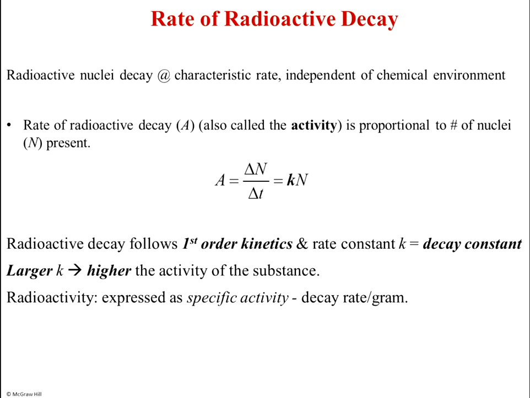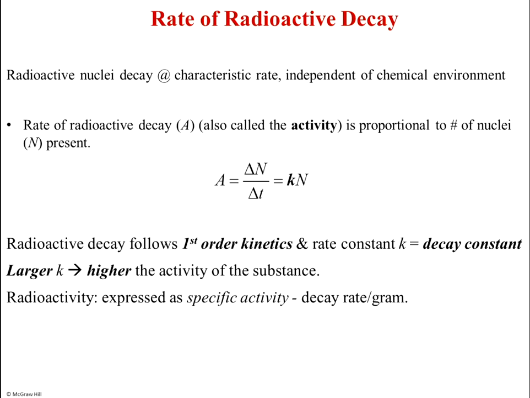The radioactive decay rate A is delta N over delta T, and it's equal to k times N, the number of nuclei that are present. That should look very familiar to you from back in our kinetics chapter. That's a first order process, right? So the rate depends on the first order of the concentration. This is a first order process.